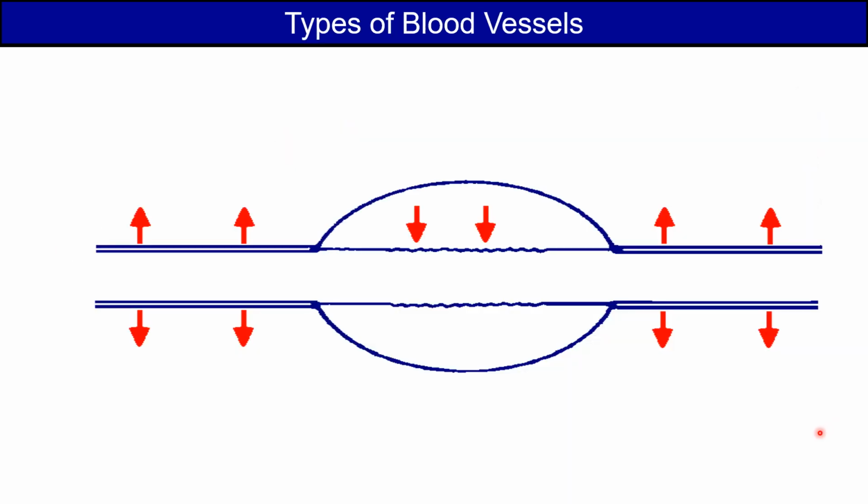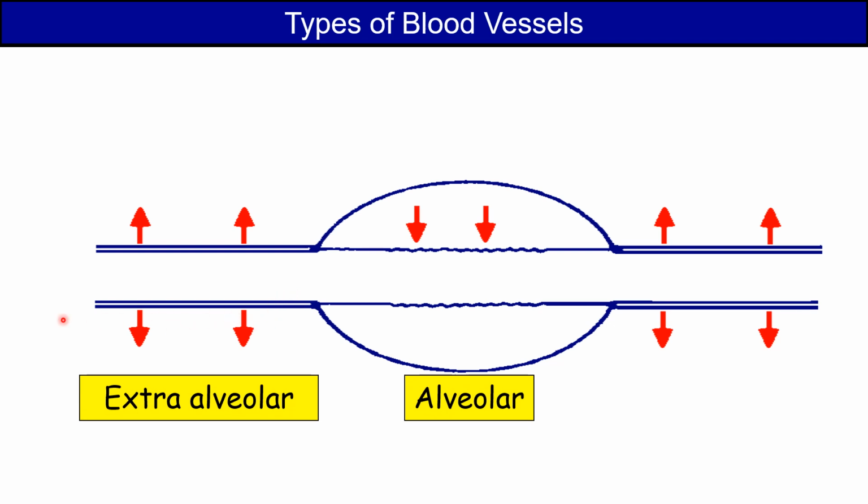Now, there are two types of blood vessels which determine the pulmonary vascular resistance. You have your extra-alveolar blood vessels, and you have the blood vessels which are exposed to alveolar pressure, and we call those the alveolar blood vessels. The extra-alveolar blood vessels are dependent on the lung elastance, while the alveolar vessels, as I mentioned, are dependent on alveolar pressure.